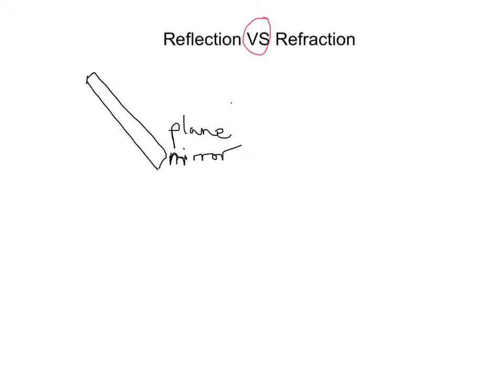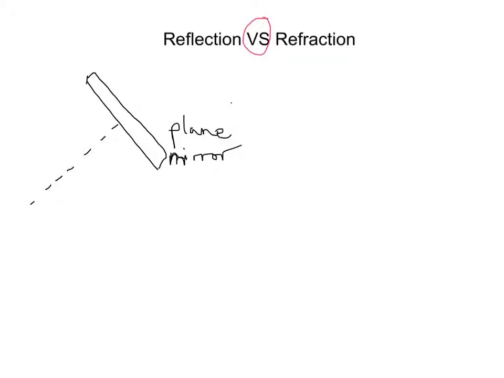So we have a plane mirror here, not the most straight line, but still. So we have a plane mirror, and we draw a normal, and that's a line drawn at a right angle to the reflector. So our normal in this case would be something like this. So it's at 90 degrees to that plane mirror.